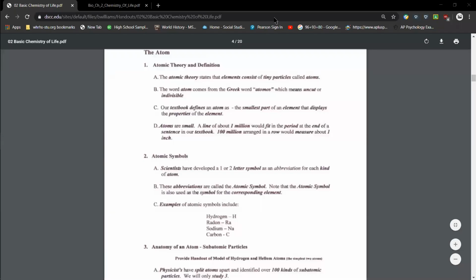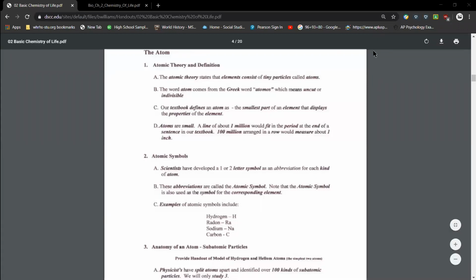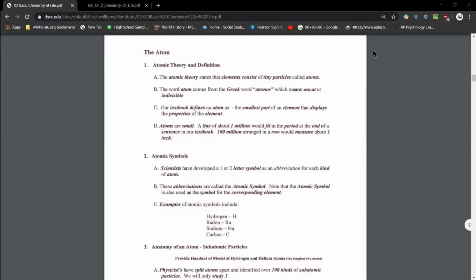Okay, so we are going to be doing today the chemistry of life. We're going to start where we left off last class, by talking about the atom. The atom is pretty much the basic part, or the smallest part of matter.